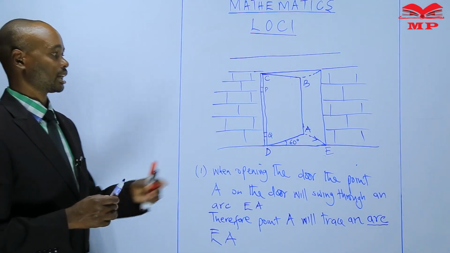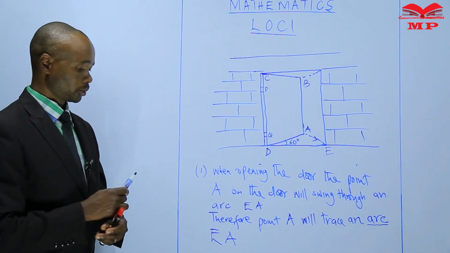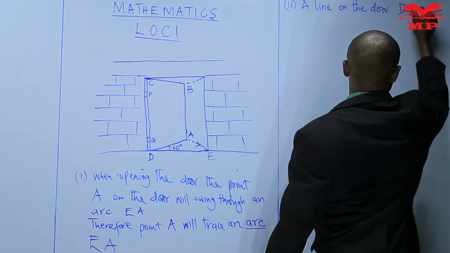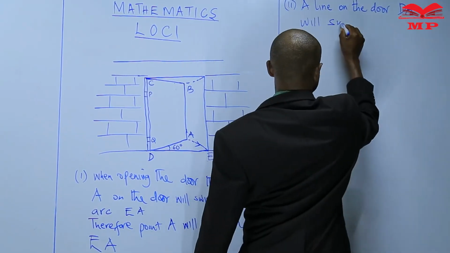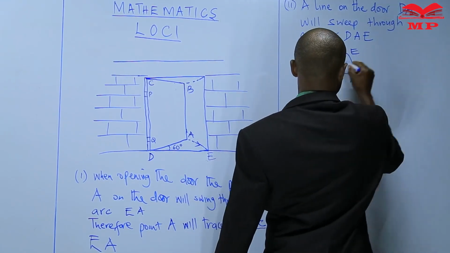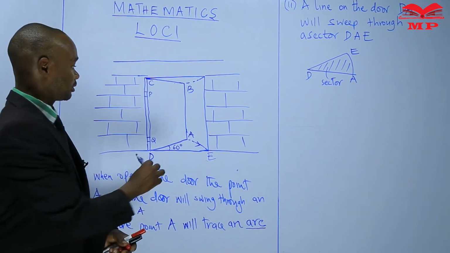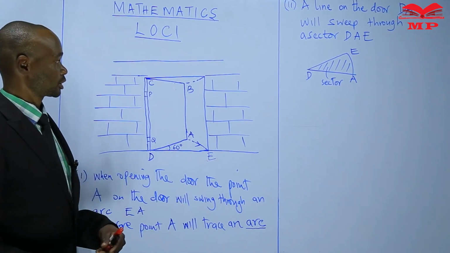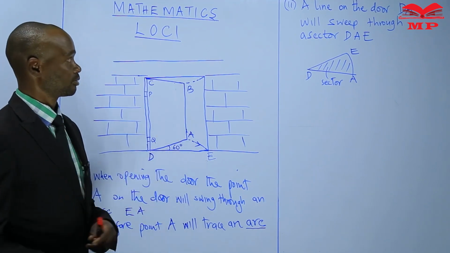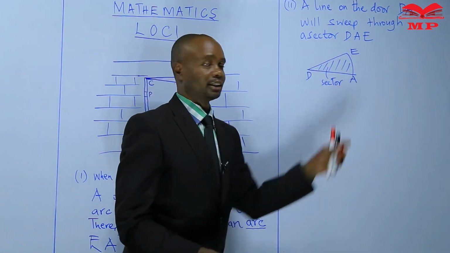So we've looked at a point on the door. In point 2, a line on the door as it swings to close or open, a line on the door DA will sweep through a sector DAE.